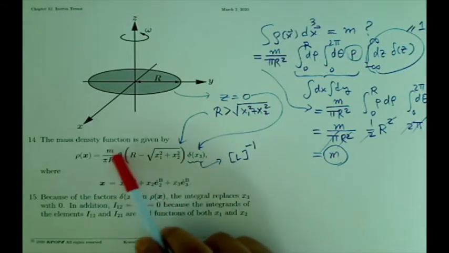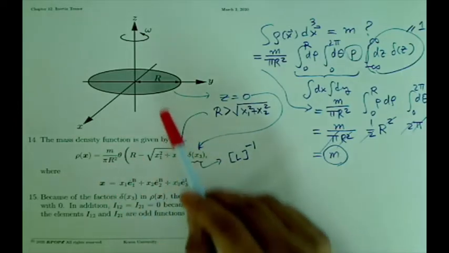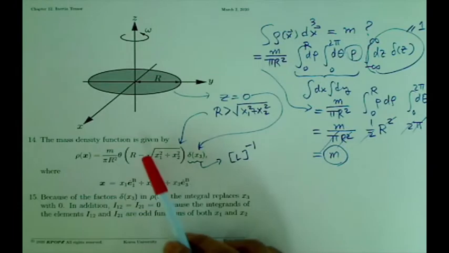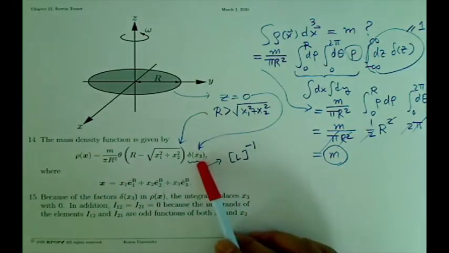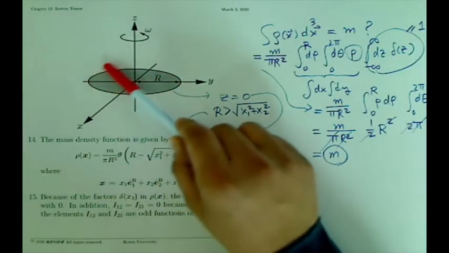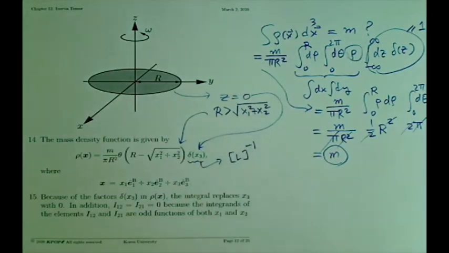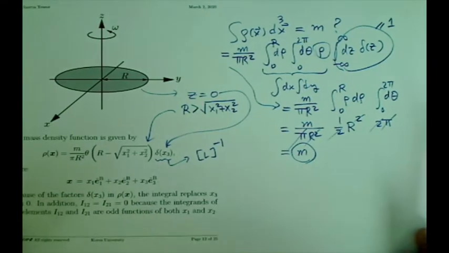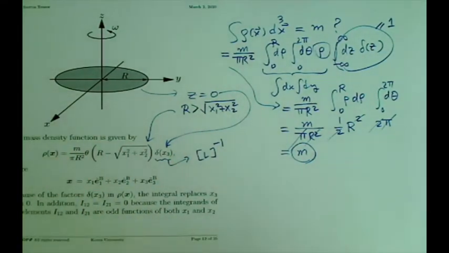Mass divided by area, and there's a theta function that the planar radius is less than r, and there's a delta function to restrict this plate on the plane at z equals 0. Let's check if this distribution has the correct value.